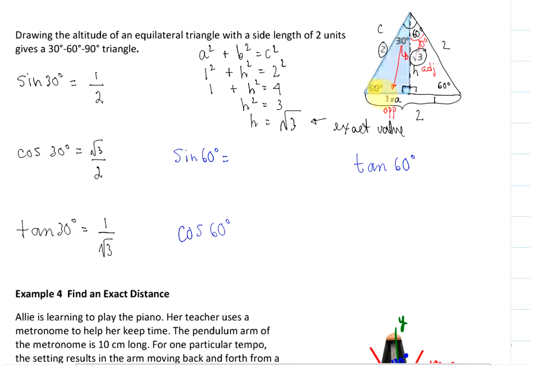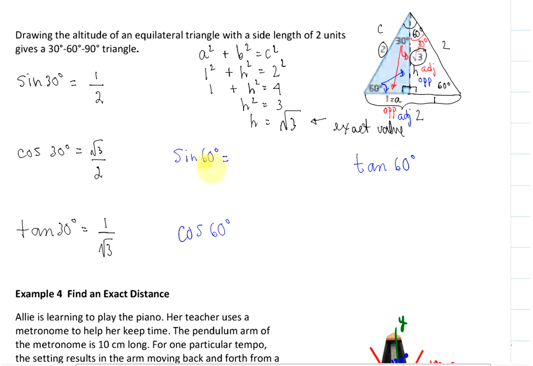So our opposite side is no longer going to be 1 because that's opposite to the 30. Our opposite for 60 is going to be the height of the triangle, so now this is opposite. And the adjacent side to 60 degrees is going to be what used to be the opposite, so now it will be the side which measures 1, so this is now the adjacent. Notice the hypotenuse doesn't change.